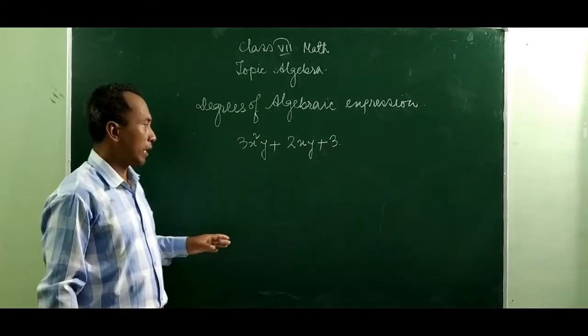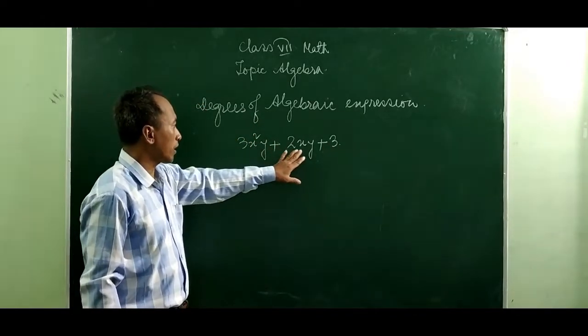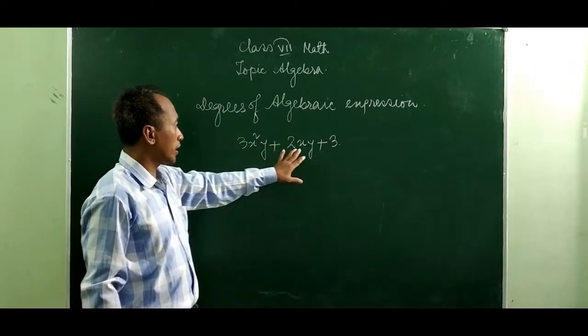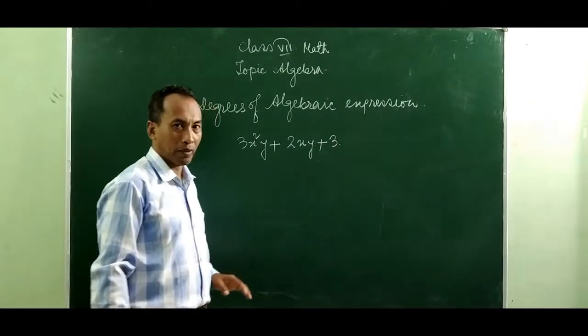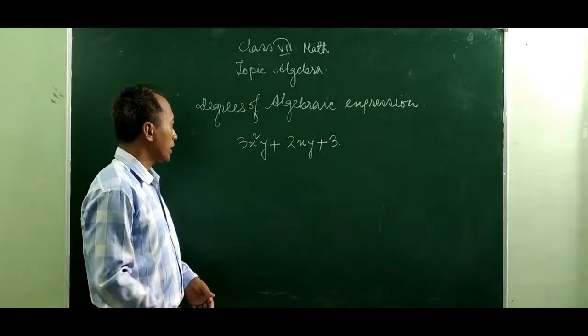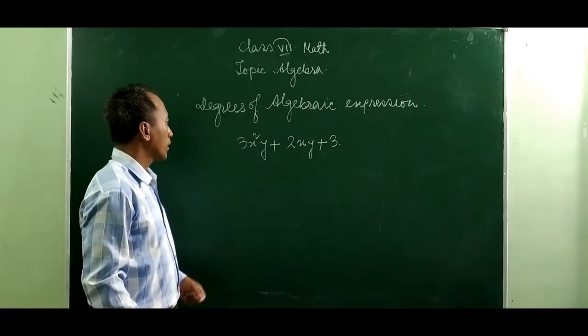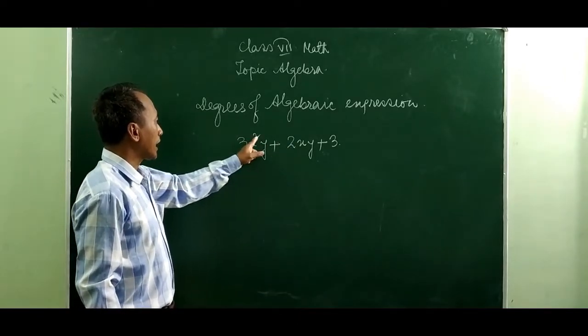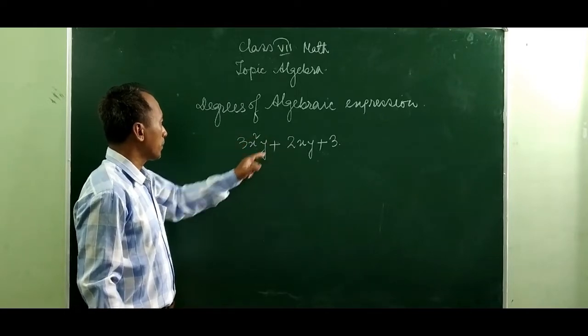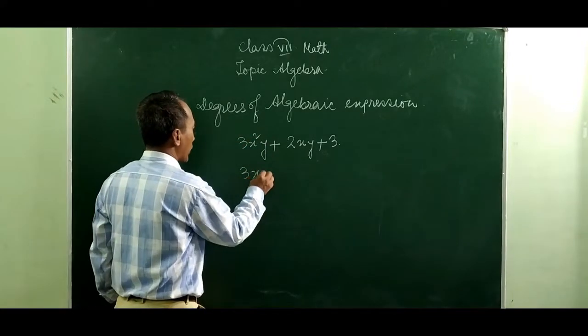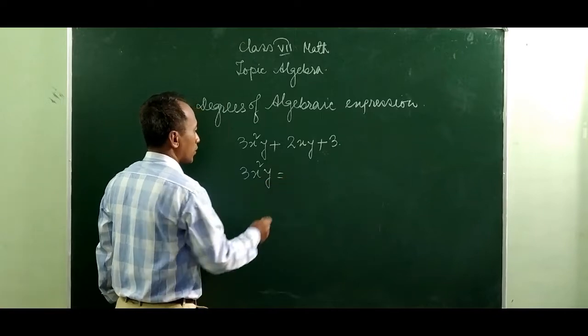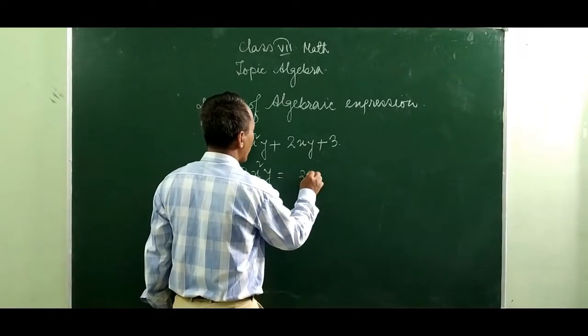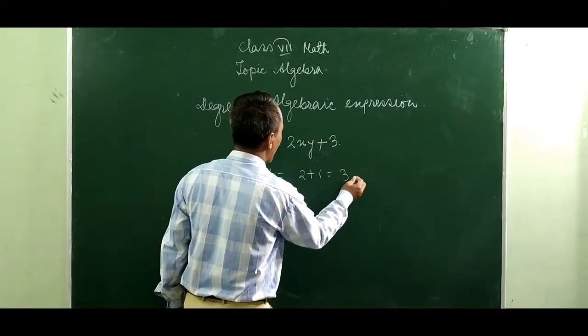In this polynomial, you have got three terms here, one term here, another term here, and another term here. When you see the terms, in these given terms, you should add the exponent of the given term. Suppose 3x square y. So sum of the exponent is 2 plus 1 equals 3.